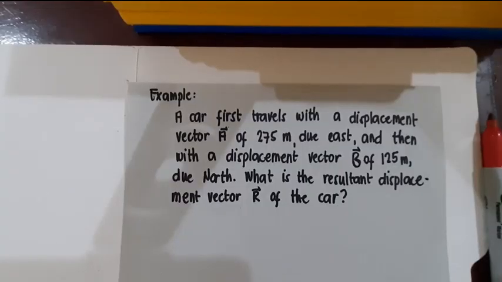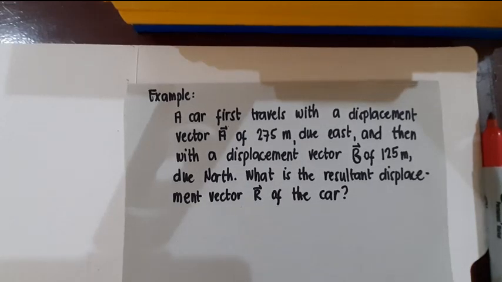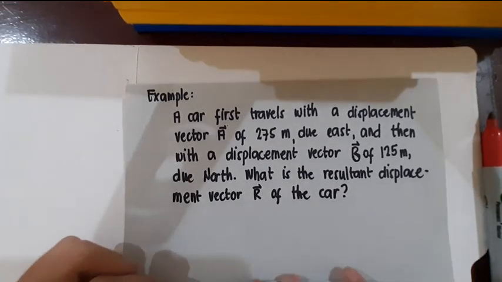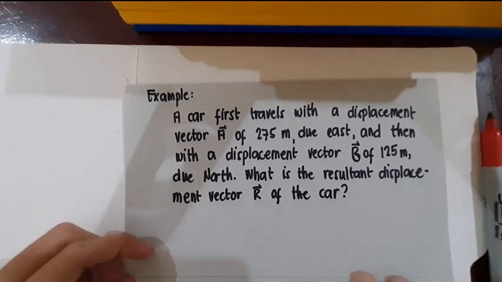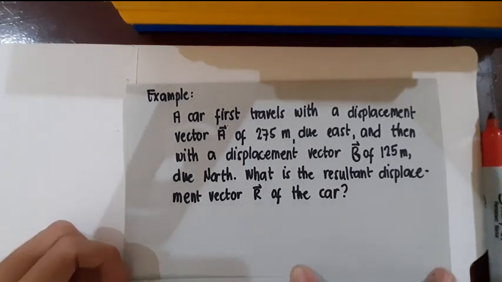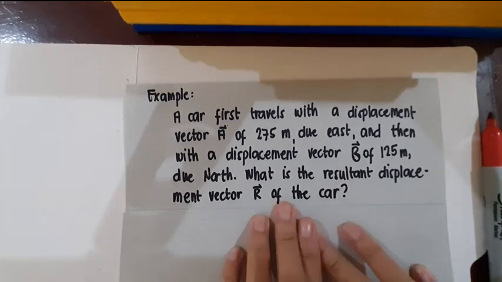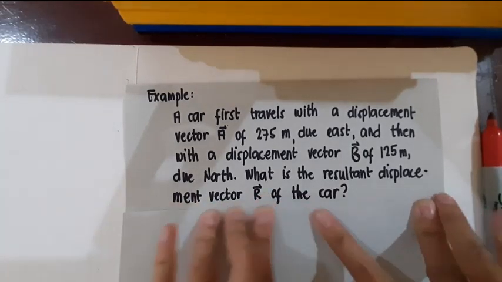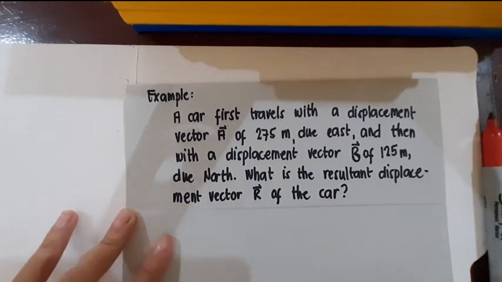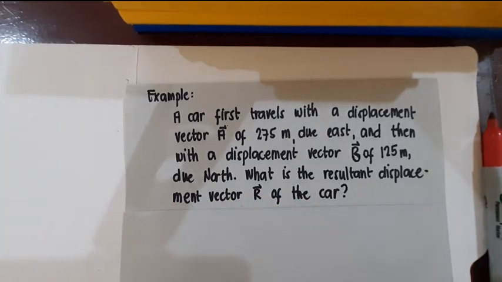For the next example, a car first travels with a displacement vector A of 275 meters due east, and then with a displacement vector B of 125 meters due north. What is the resultant displacement vector R of the car? In this case, the car moves in different directions, not along the same axis.